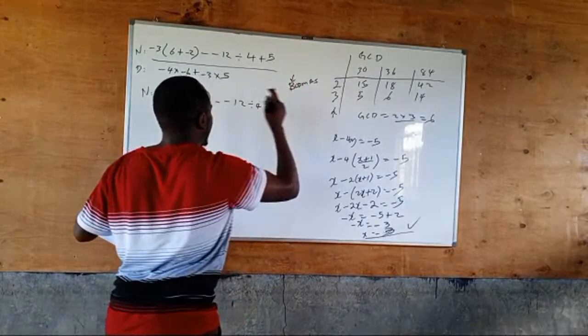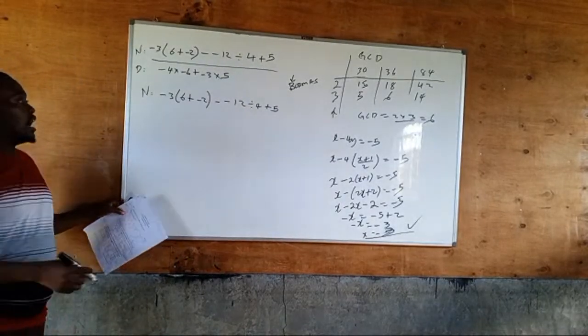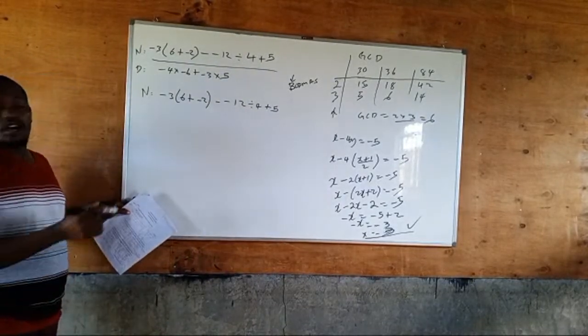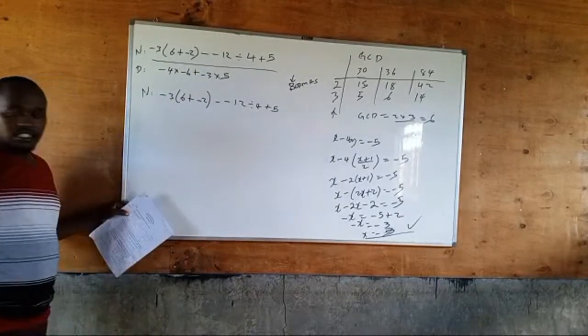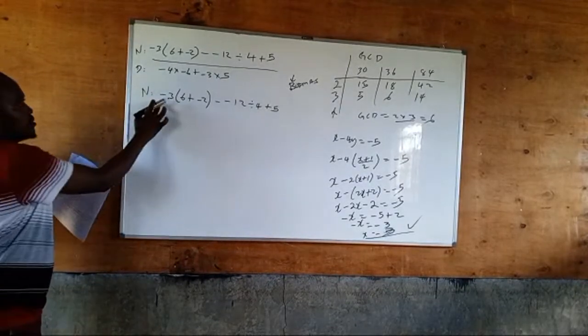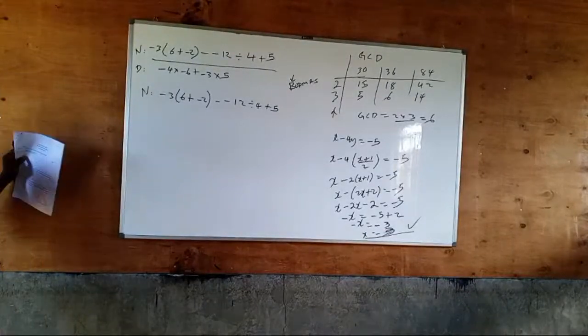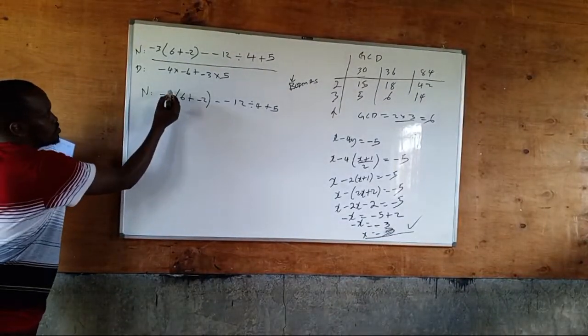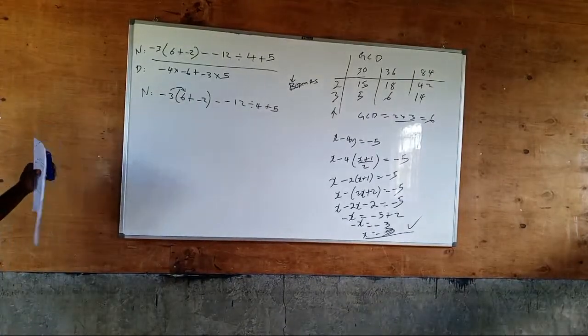So do you have a bracket? How do you solve this bracket? Will you add this or multiply? Will you open it like this or first solve what is inside the bracket?